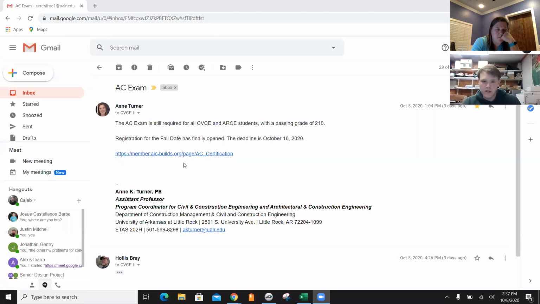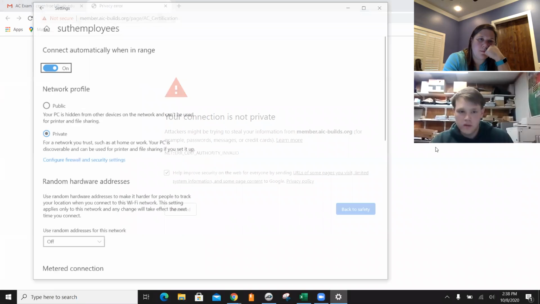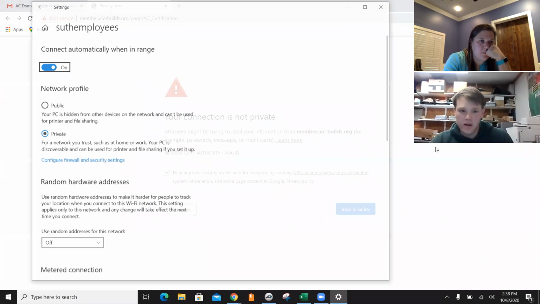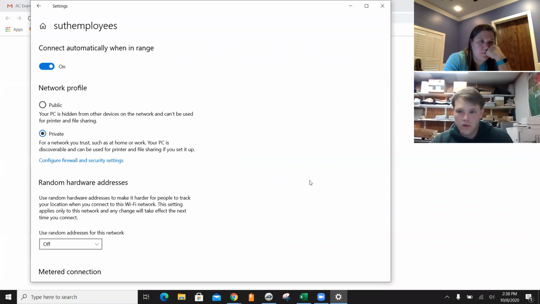So this is your email, and if I click on this, this is what you get. Your connection is not private. So if I go to my internet properties, I've set it to private. I've tried to go to the Google search and get on their website and start from the home page. Same thing. Won't let me on their website.